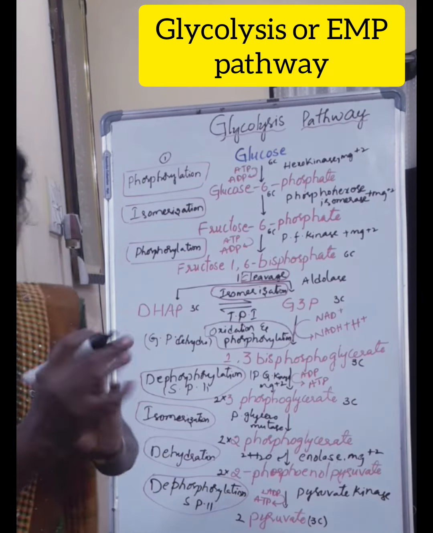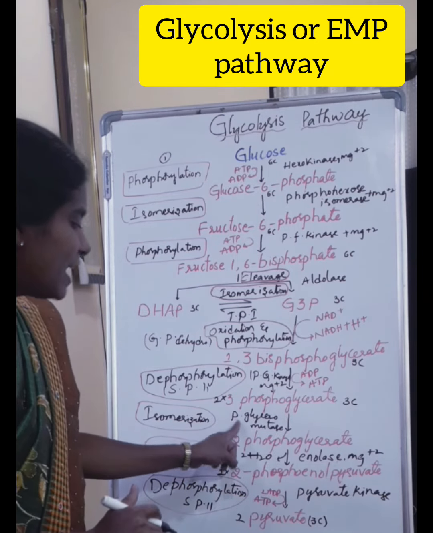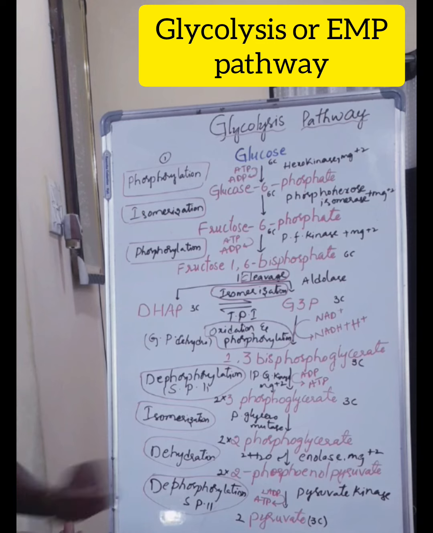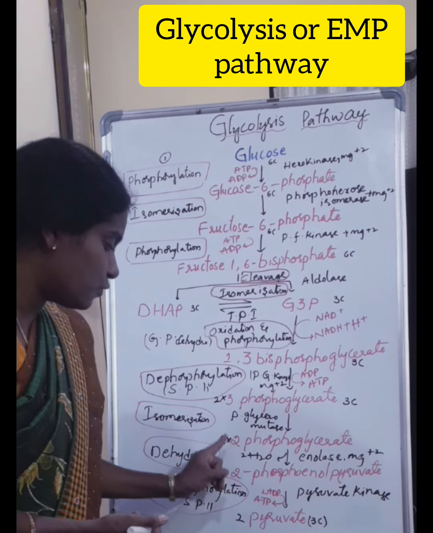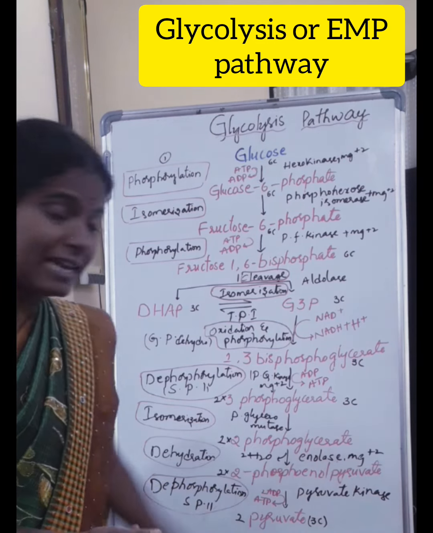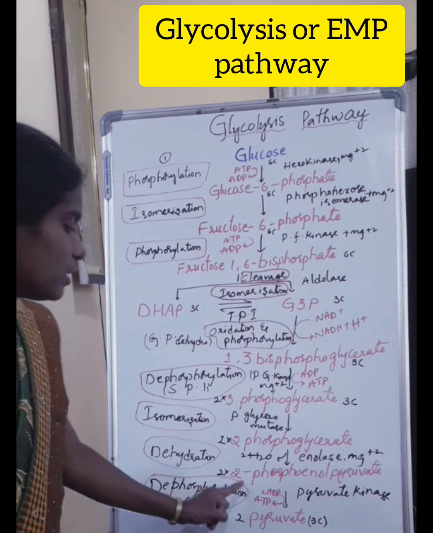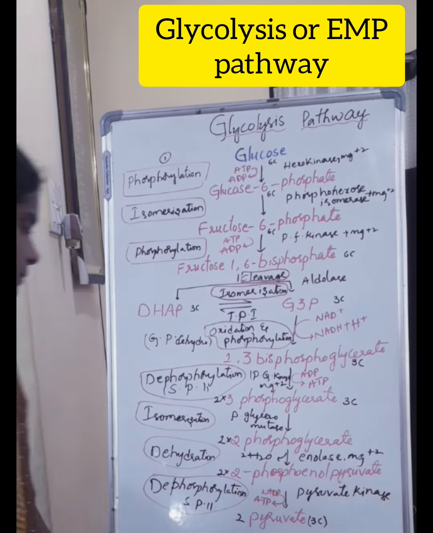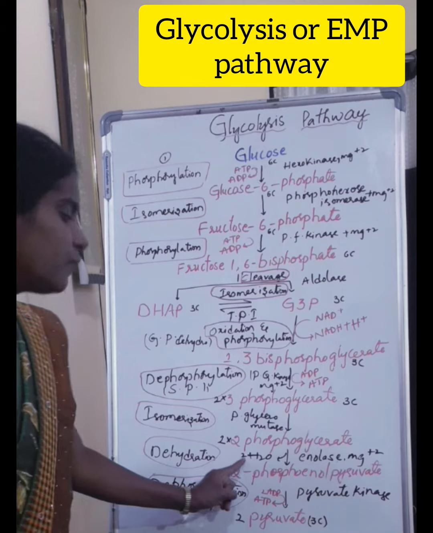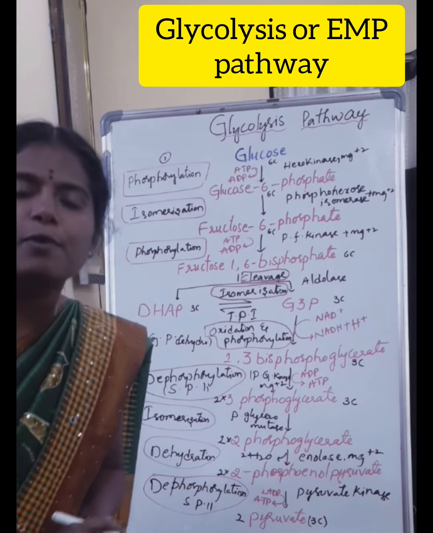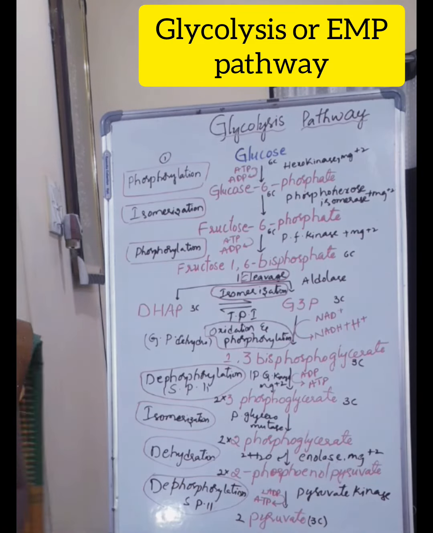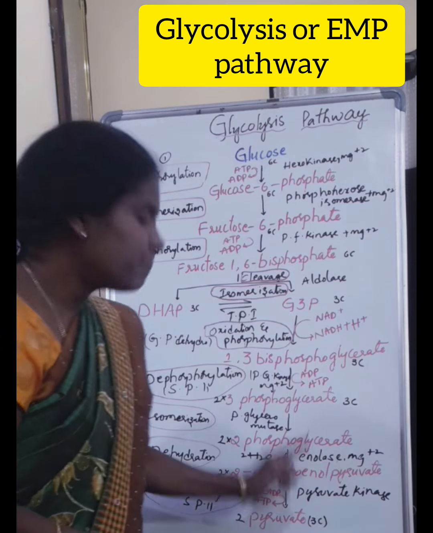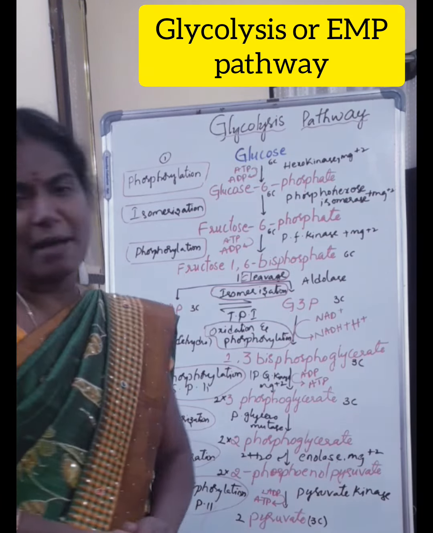The structure just changes with the help of the enzyme phosphoglyceromutase. Next, these 2 molecules of 2-phosphoglycerate are converted to 2-phosphoenol pyruvate by removing a water molecule. That process is called dehydration, with the enzyme enolase and magnesium ions.